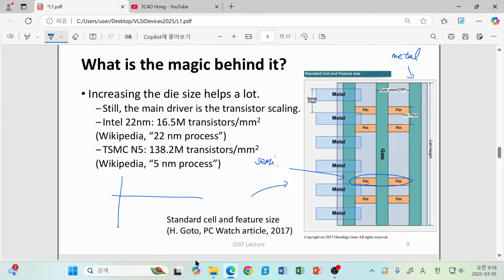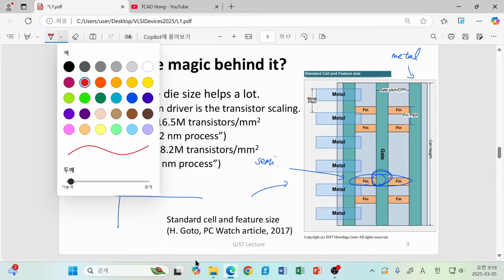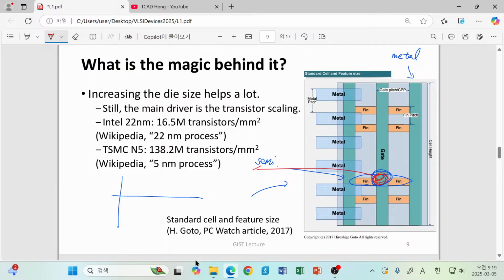When these two lines meet at a certain point, that point becomes a transistor. So by just crossing these two lines, you have transistors.